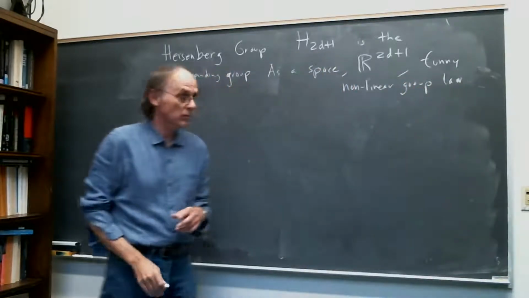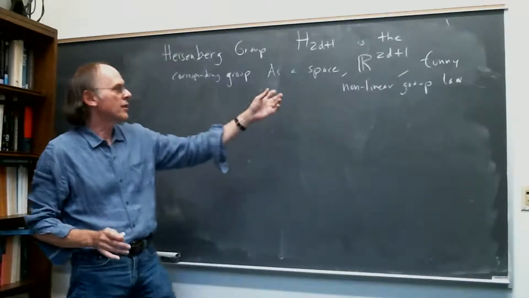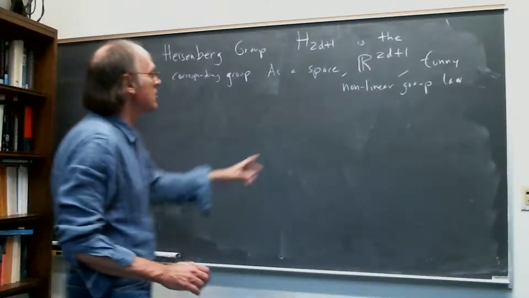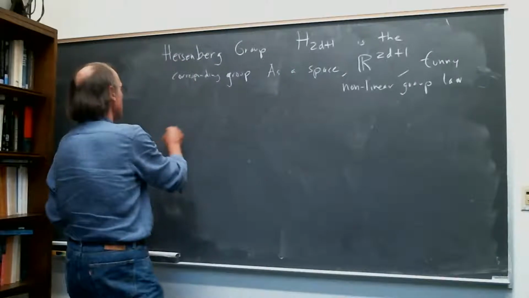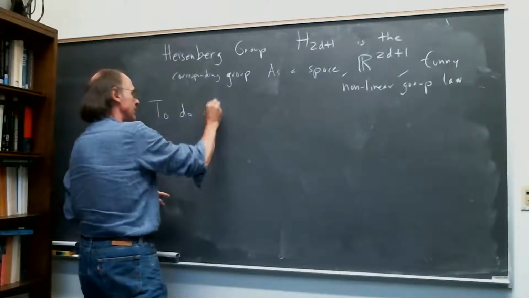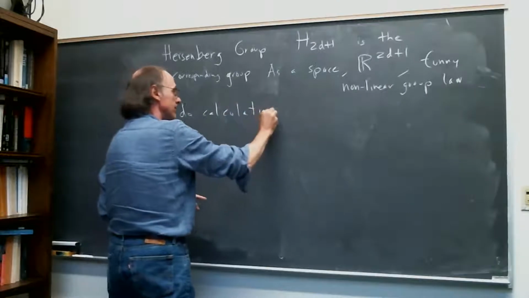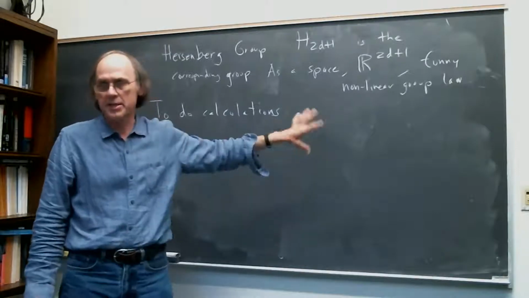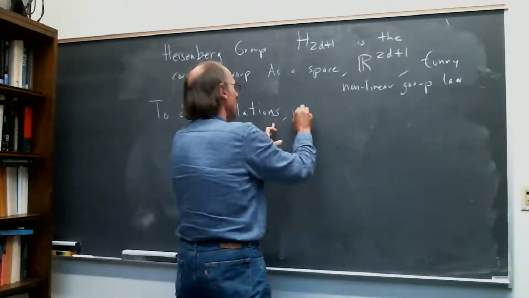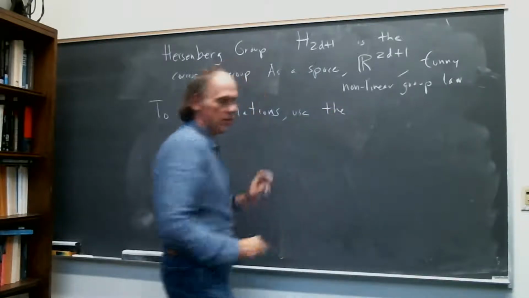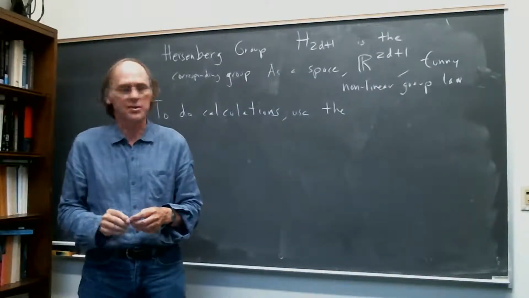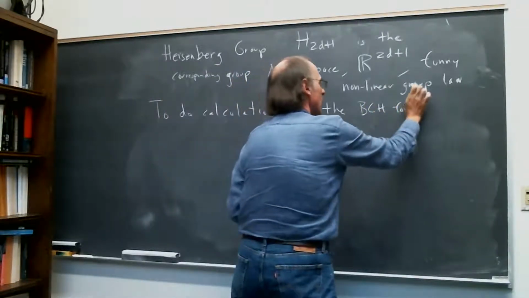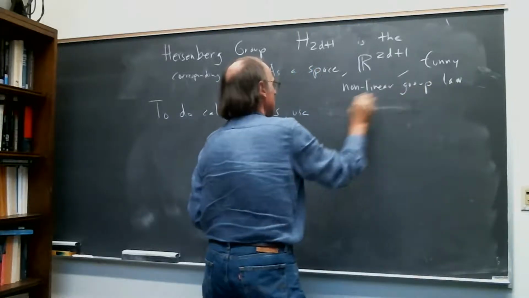Let me give you the standard way to do these calculations with these matrices. The best way is to use the general formula called the Baker-Campbell-Hausdorff formula, the BCH formula. But let me say it this way, a special case.